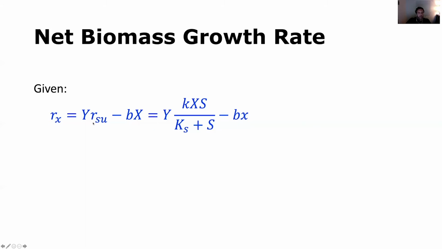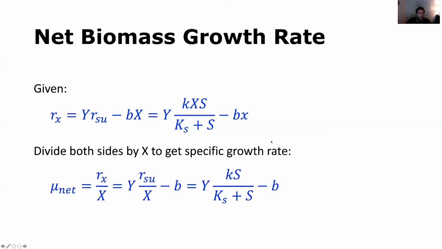Based on what we know about the substrate utilization rate, this is also equal to Y times K X S divided by K sub S plus S, minus b times X. If we divide both sides of this equation by X, it gives us what's called the specific growth rate. That's mu, and it's also equal to R sub X divided by X. It's basically the growth rate normalized by the concentration of biomass in the system.